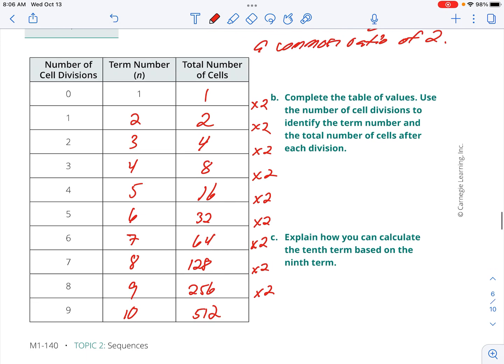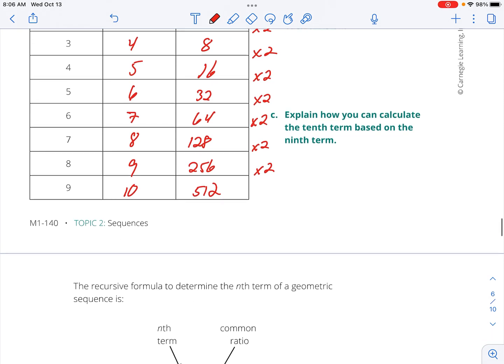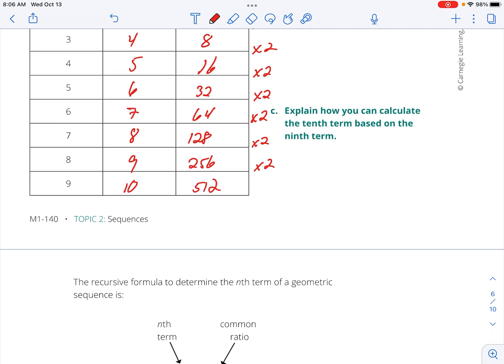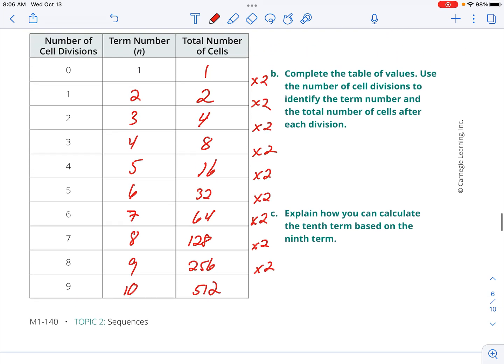Now, just like we did before, we can continue doing that for the 10th division and the 11th division and so on. But that is going to get a pretty big table quickly when you want to calculate something way down the road. Now, what we were doing right here is what we call a recursive formula.